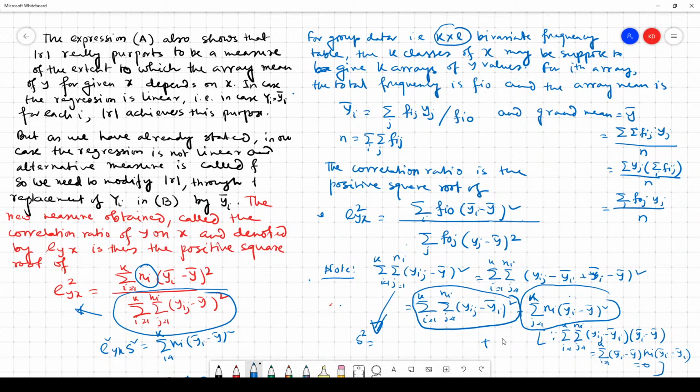So the second part is e square yx s square, and the first part, because this is due to the addition, should be s square minus e square yx s square.